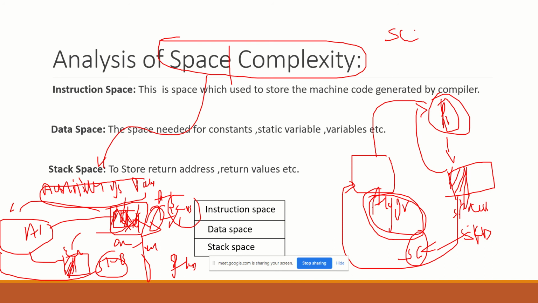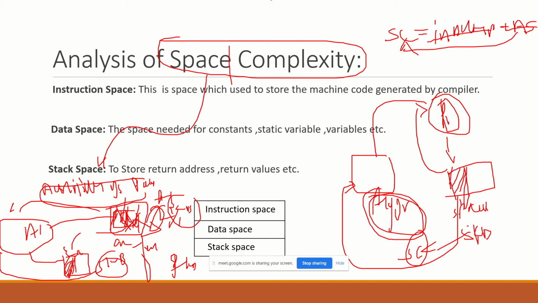So space complexity is equal to the memory used for input space plus auxiliary space.